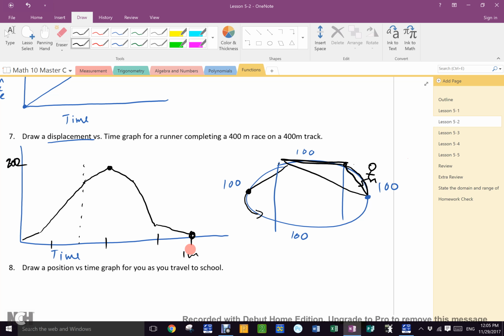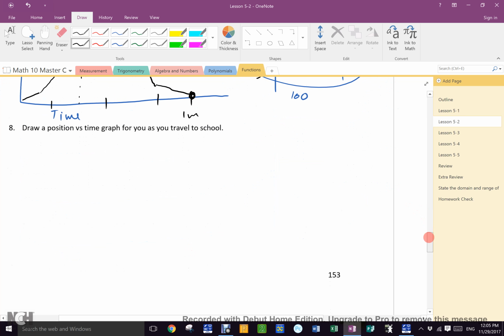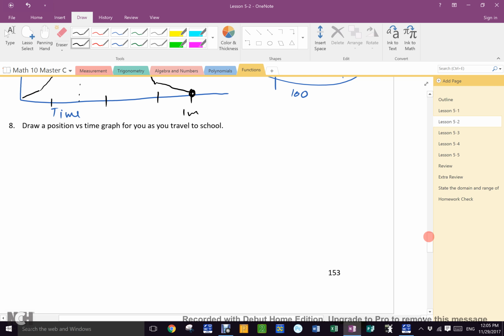Okay? Cool? All right. And then, of course, number 8 would change for everyone, yes? Now, I used a different word this time. Position time. Is that displacement or distance? Close your eyes. Are they really closed? Open them.